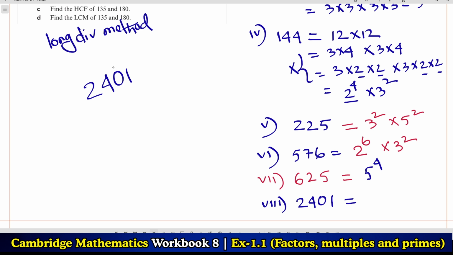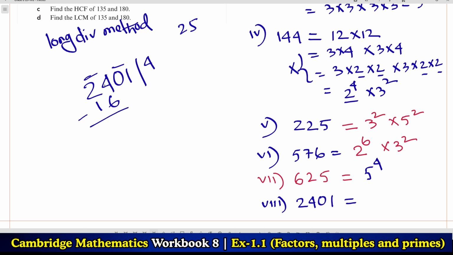This is a pair, this is a pair. So 24, what is the nearest perfect square? It's 4, right? So we can write this as 4. 4 times 4 is 16. 25 is also near, but 25 is larger than 24. That's why we have to keep the smaller one.